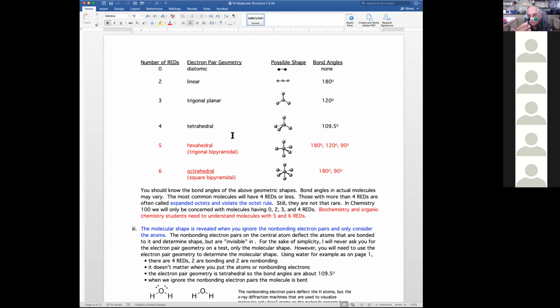That means it's a rocket, it's a dipole. If I fire that rocket, this thing is going to move, meaning that it's a polar molecule. So this molecule would be likely to dissolve in water, unlikely to dissolve in oil. A non-polar molecule, a polar molecule.